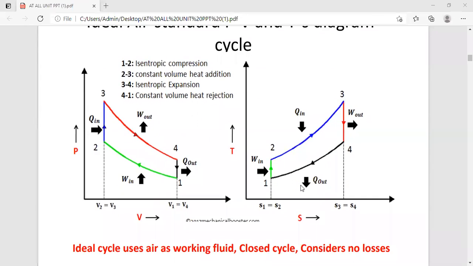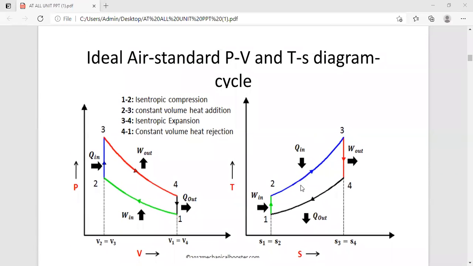Now we are going to discuss the ideal air standard PV and TS diagram. So in this actual PV and TS diagram, you can see that pressure we have plotted vertically, volume we have plotted on the x-axis.